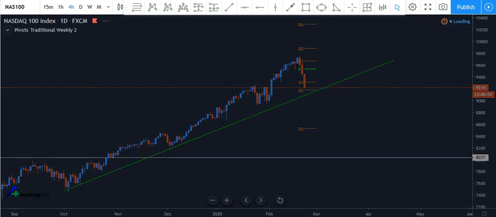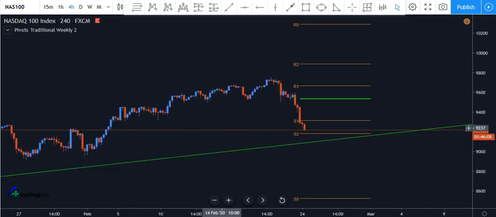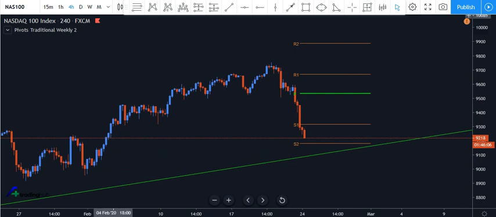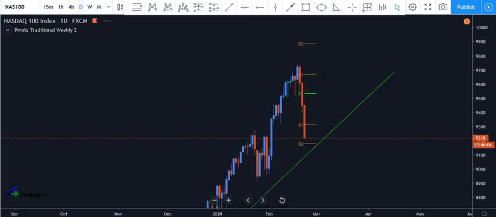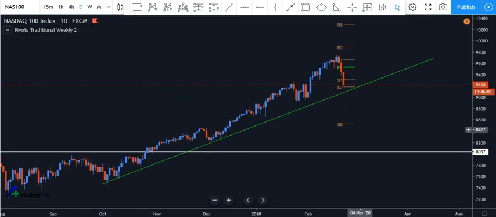So this is what we have on Nasdaq. Price is already down, so don't look for more. Though we want to sell, I'm looking to sell this for the long term. But price is already at S2, and this is a good confluence matching up with this trend line here, so you have to be very careful. Our trade for this week is, as price is coming down, if we get a good bullish rejection or price action from here, we buy back up to R3 or R2.